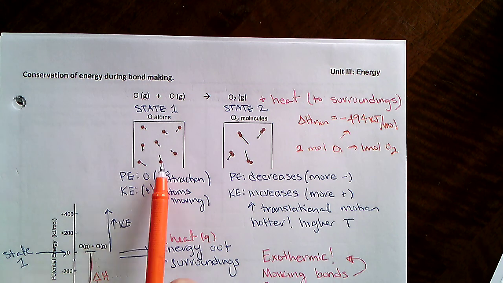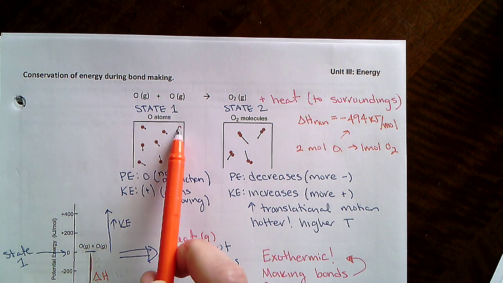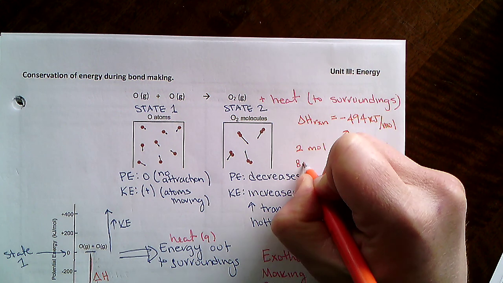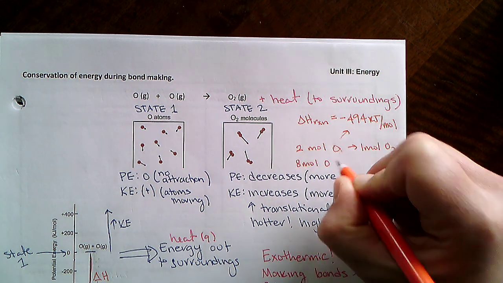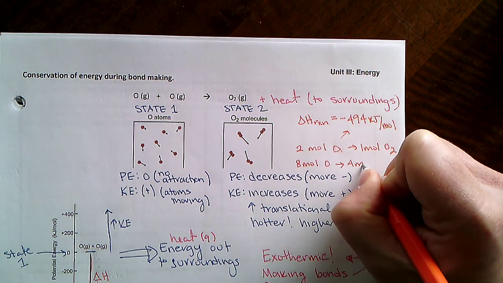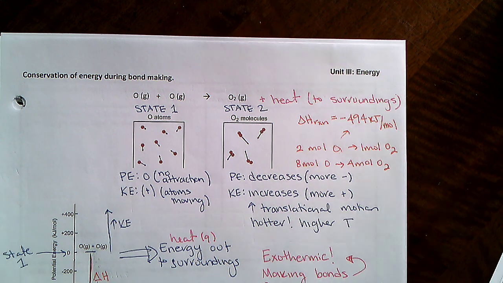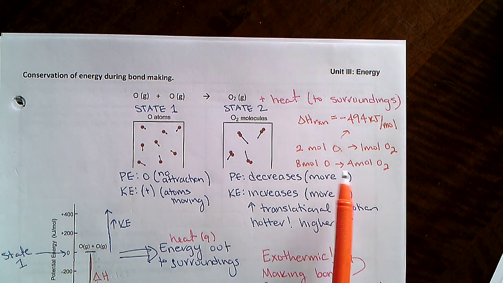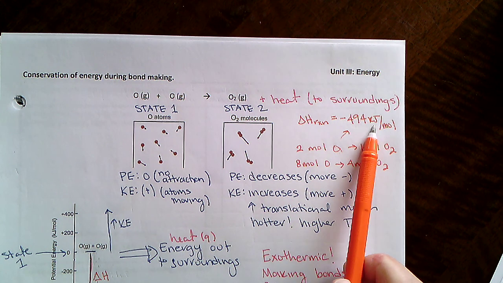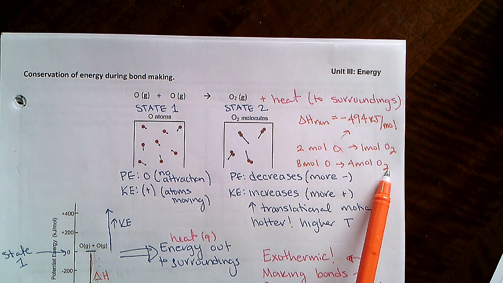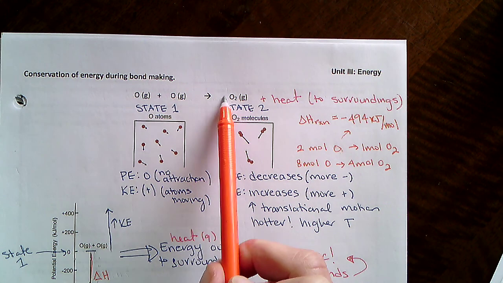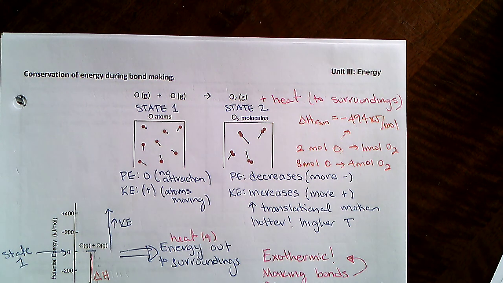Let's just say that there's 8 moles of oxygen atoms, meaning I'm going to make 4 moles of O2. I'd have to multiply this number by 4 if I wanted to know how many kilojoules of energy would be released if I made 4 moles, because this number is only associated with the reaction equation.